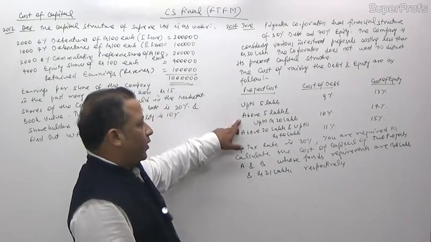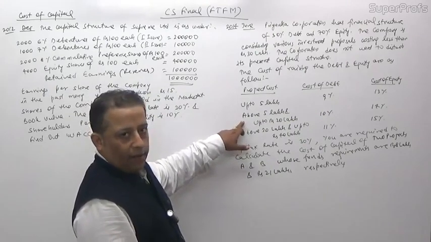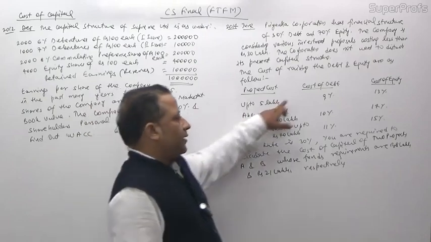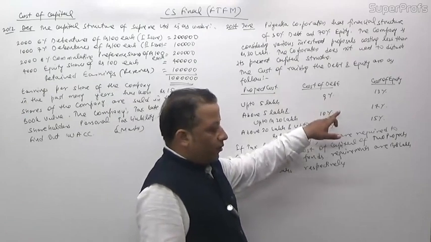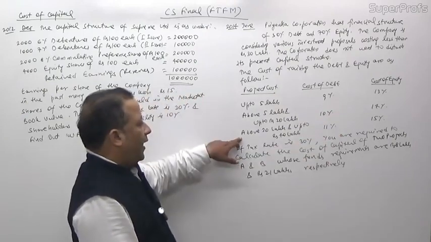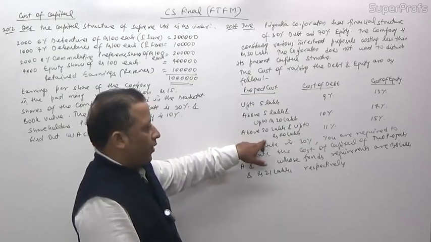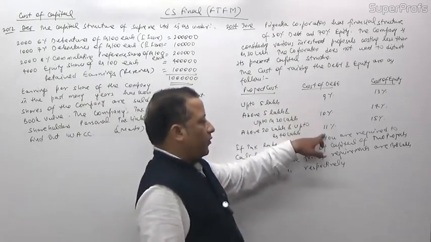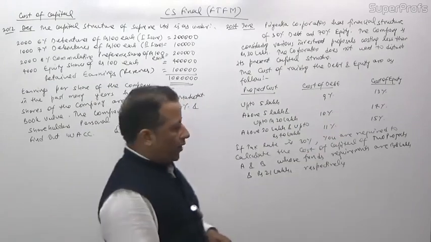If the project cost is above 5 lakh and up to 20 lakh, the cost of debt would be 10% and the cost of equity 14%. If the project cost is above 20 lakh and up to 40 lakh, the cost of debt would be 11% and the cost of equity 15%.